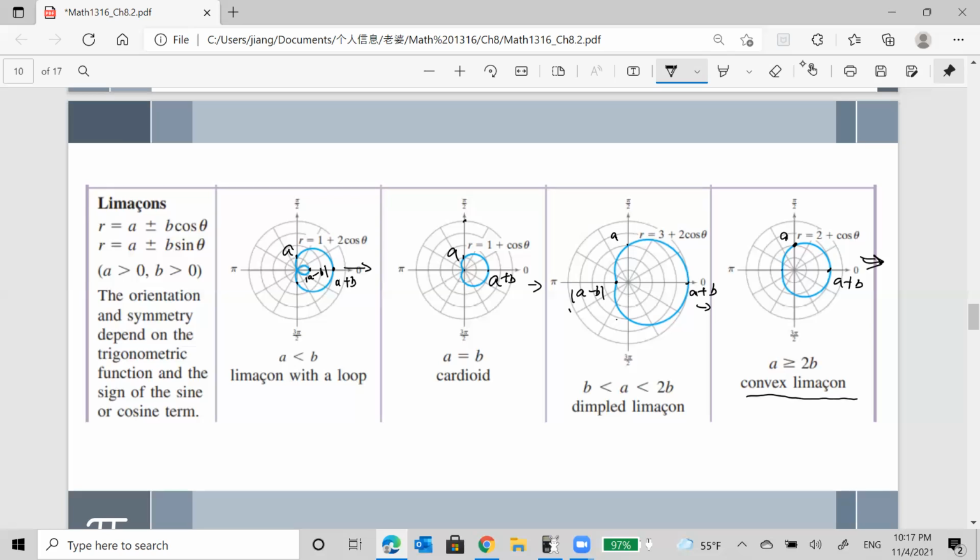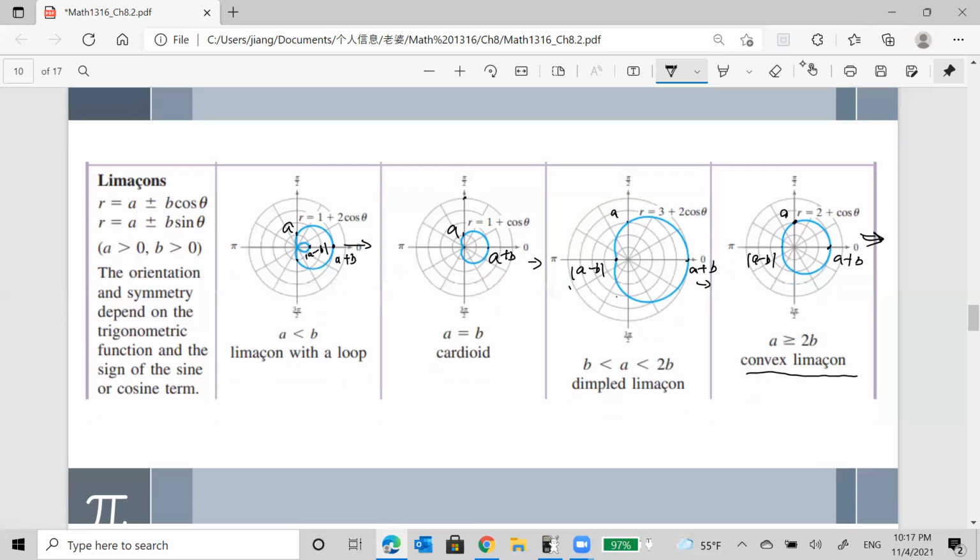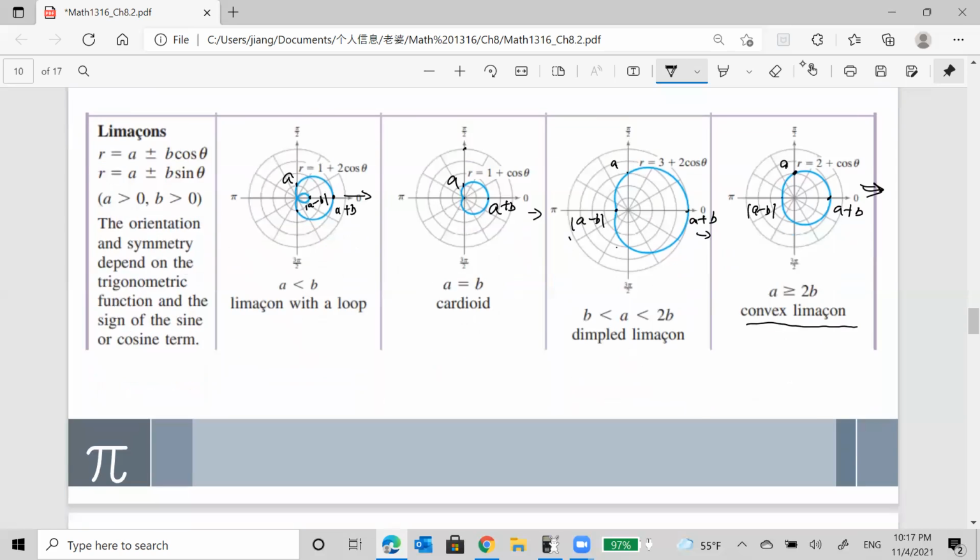And this one is also the absolute value of A minus B. You will learn this in pre-calculus. I hope this video will be helpful when you're learning pre-cal. It will save you some time in following semesters.